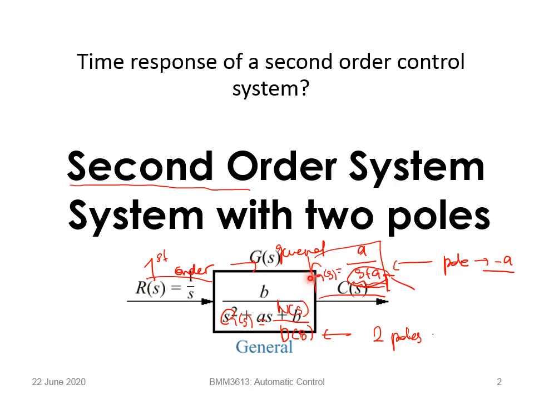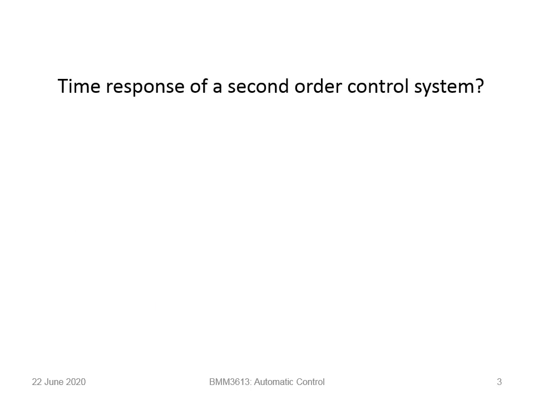We will be using this general form, just like in the previous chapter, and it will serve us in identifying the position of the poles on our S-plane. In second order time response, there are several categories of time response. What do I mean by that? Let's go back a bit and look at the first order time response.